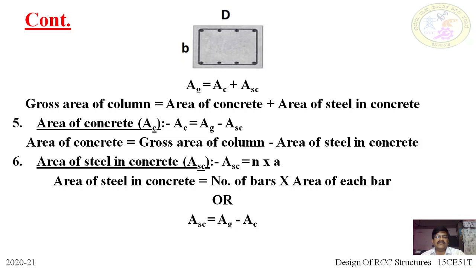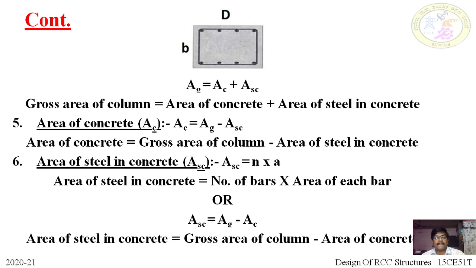Or AC is also calculated as AG minus ASC: from the gross area we must subtract the steel area.